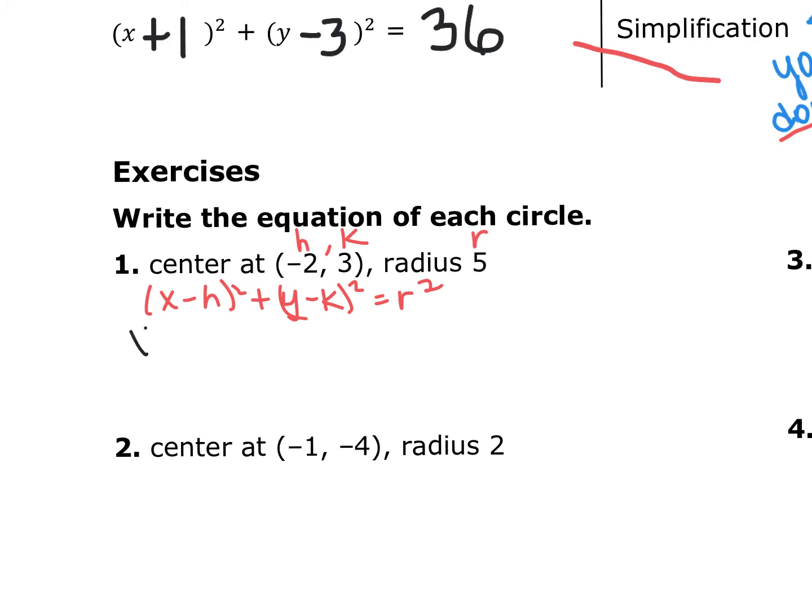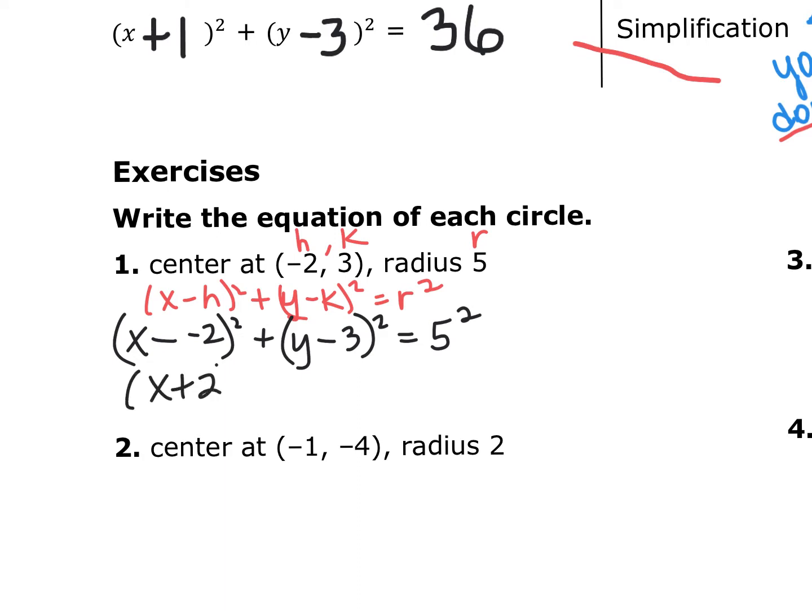So x minus, and then the h is −2, squared, plus y minus k is 3, squared, and then our radius is 5, and we're going to square that. And then we simplify. So our double negative is going to be (x + 2)² + (y − 3)² = 25.